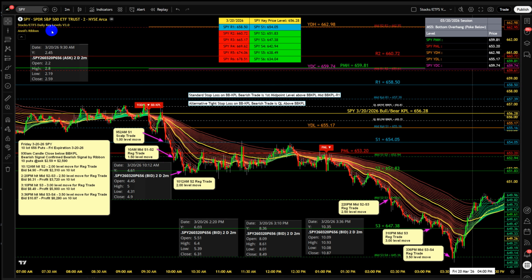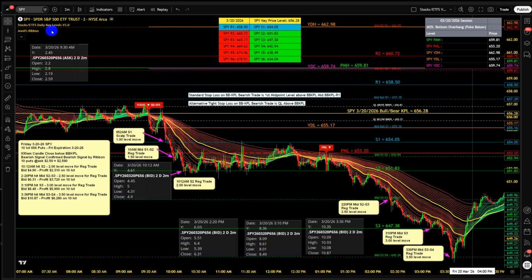This ribbon indicator, Annie's ribbon, is very similar to the Madrid ribbon, which is one of the original ribbon indicators. There's also going to be a link to the free Madrid ribbon indicator in the description of this video as well. And both of these ribbons are very similar to each other.